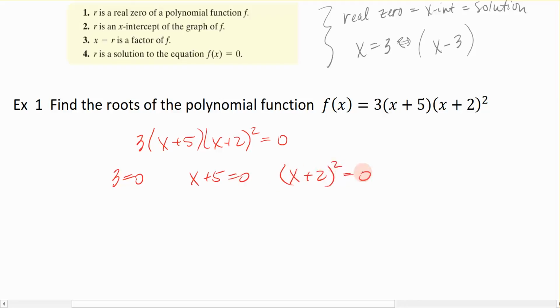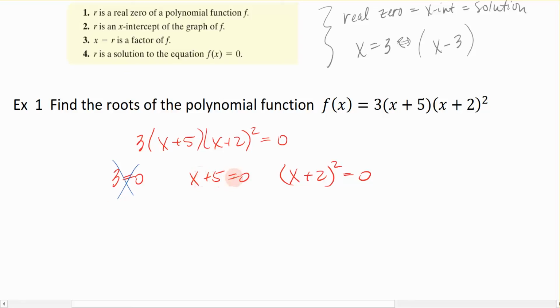And that only applies, it's called the zero product rule for a reason, when I have factors equal to 0. So over here, the first factor, which is a 3, equal to 0 doesn't even make sense. It's just a constant, so that's gone.